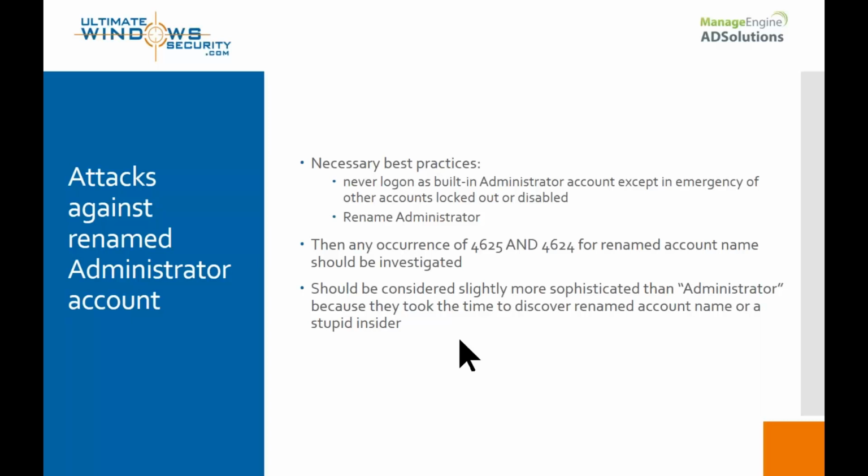No, it's easy, but it's still useful to do that, because now if you see attempts to log on, let's say you rename administrator to Bozo, and you now see attempts to log on as Bozo, then okay, that tells us someone has gone to the trouble of figuring out what we've renamed the admin account to. And so that means that this is less of a shotgun attack and something a little more sophisticated, a little more targeted, a little more effort being put into play.